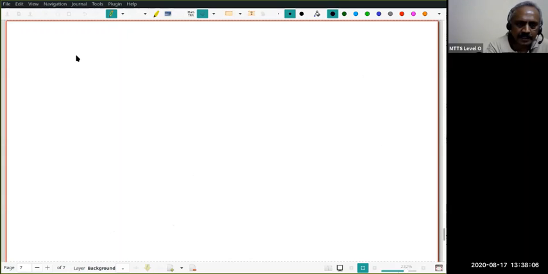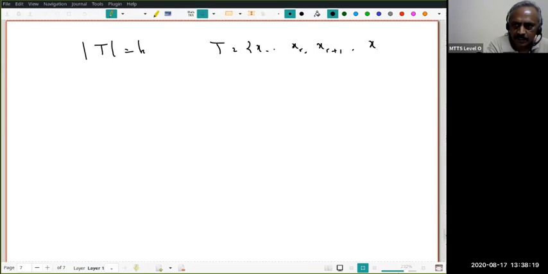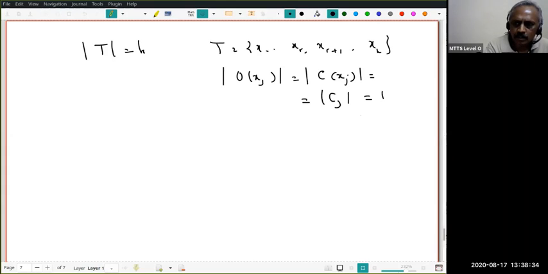Therefore, I can write again. Let us assume the modulus of T equals, let us say, k, and let T equal x1, ..., xr, xr+1, ..., xk. Let us assume the orbit of xj, namely the conjugacy class of xj, call it Cj for time being, has size 1 for the first r orbits.